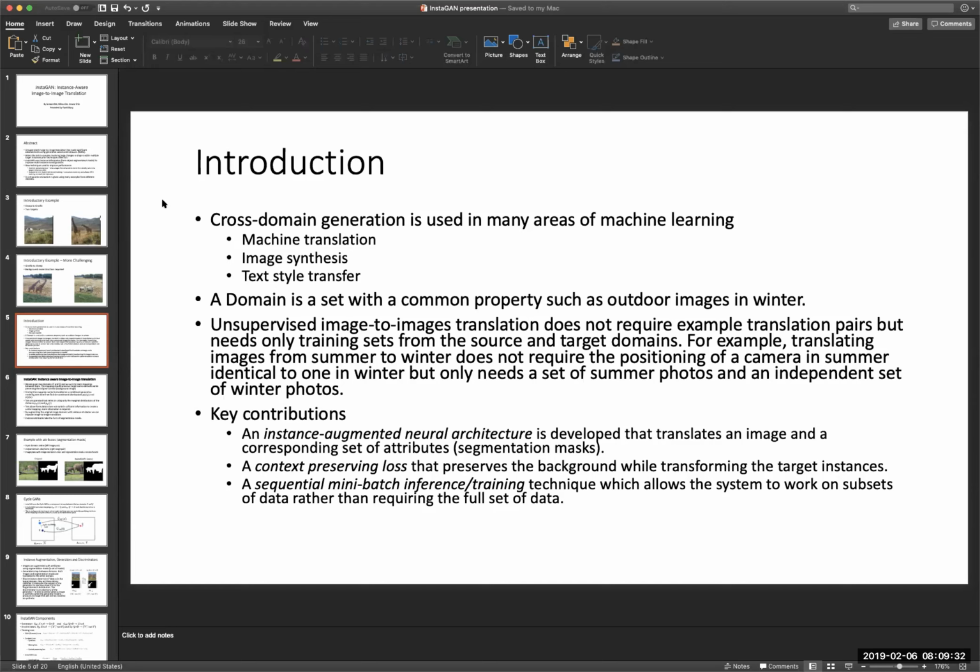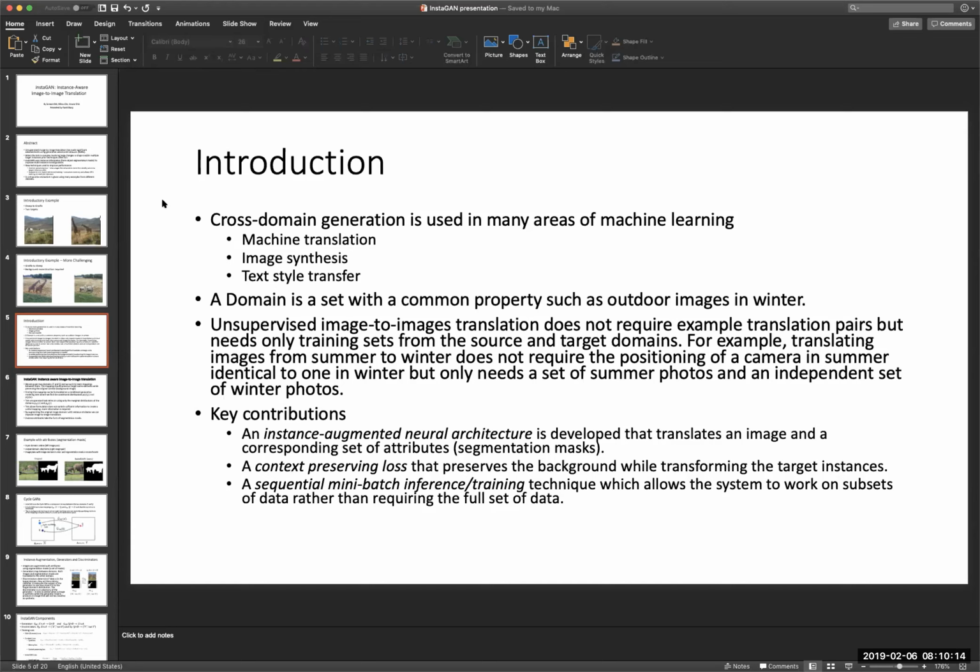So they don't have to be pairs of training data in this case. So for example, if we want to translate images from summer to winter, we don't require that the position of the camera in summer be identical to the position of the camera in winter for our training data. We only need a set of summer photos and an independent set of winter photos. So that's a big advantage to this system.